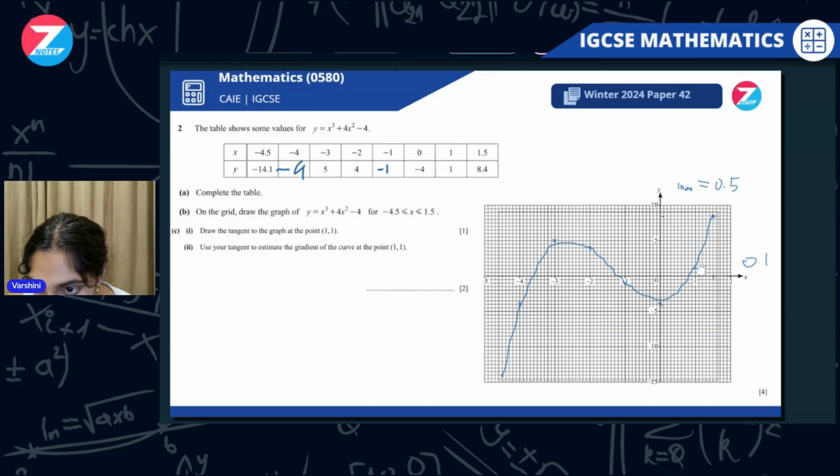So these two, let's take these 2 points, and we're just going to draw our line to the points closest to 1, comma 1, and make sure your gradient is long enough. So mine's going to be over here.